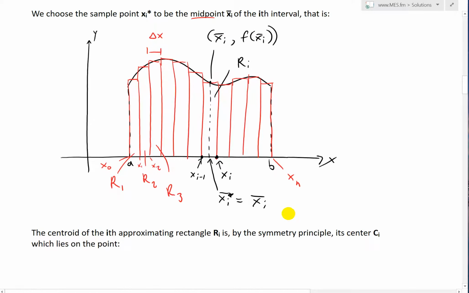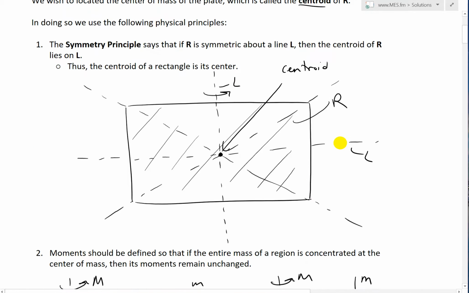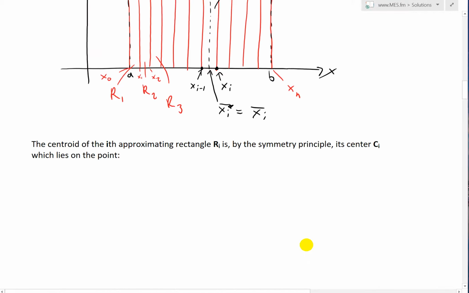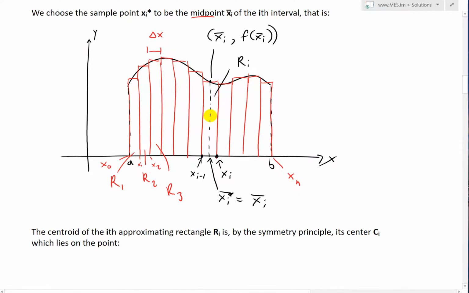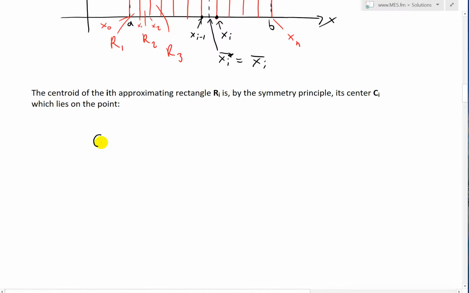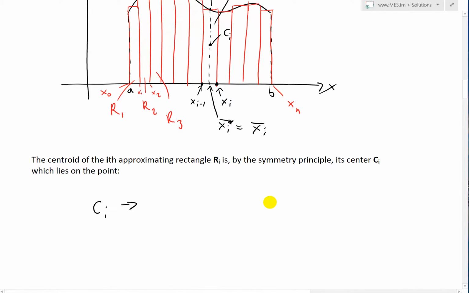We'll get to that. So basically this is a rectangle, and we already illustrated that the center of a rectangle is where its center of mass is located. So that's going to be right here, and we'll call this Ci. The center point of this Ci is going to be at xi center, the center line like that.